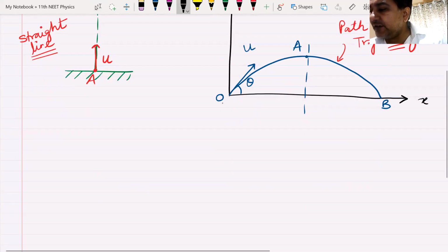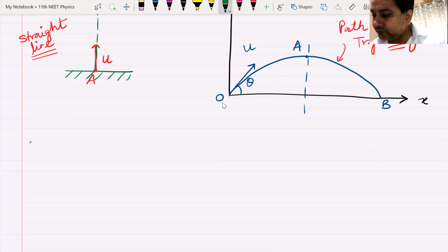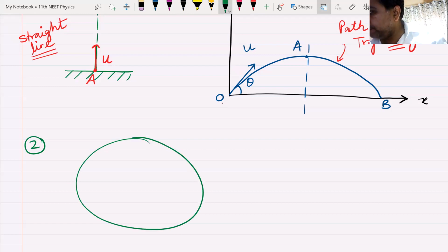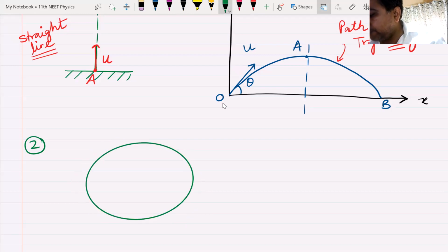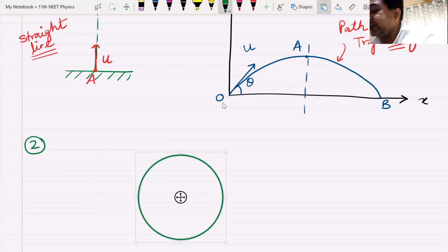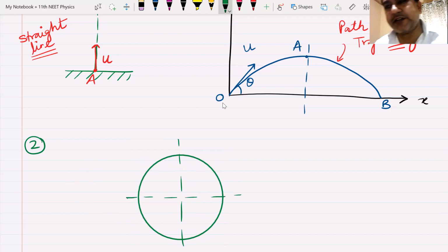Let me give you another example. Example number 2. A particle. If you remember, we had started motion in one dimension with this type of a question.